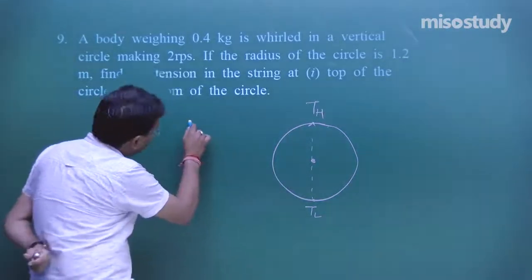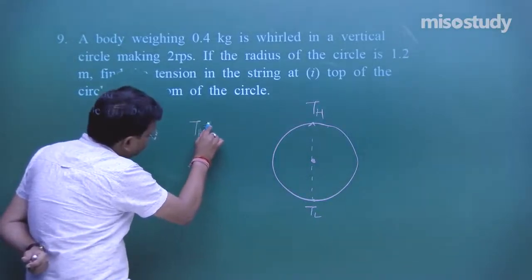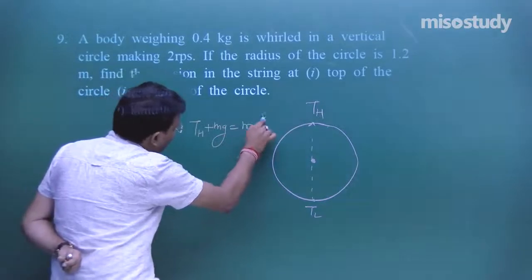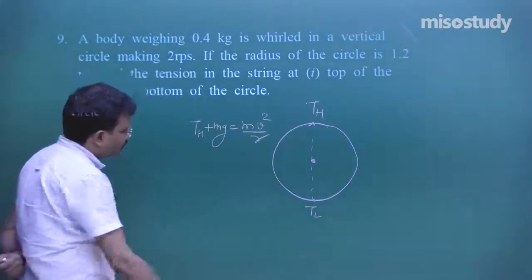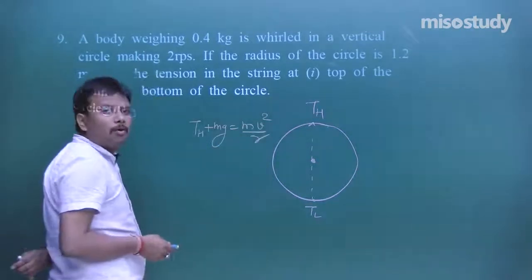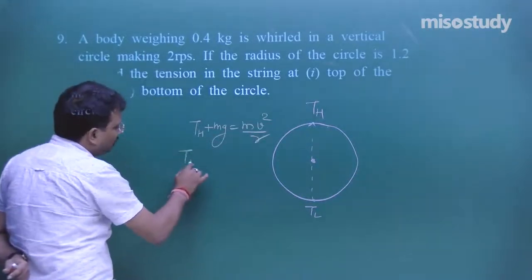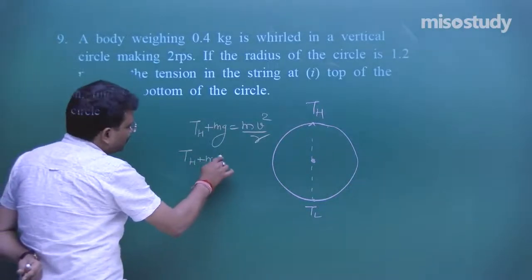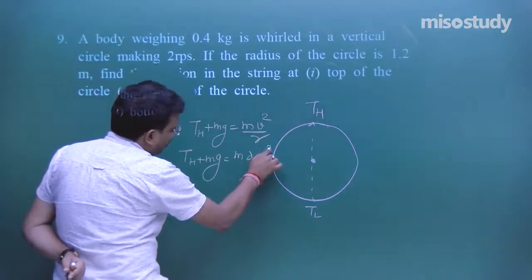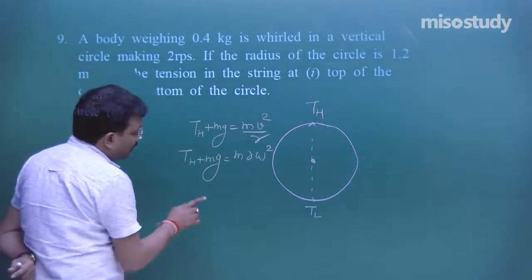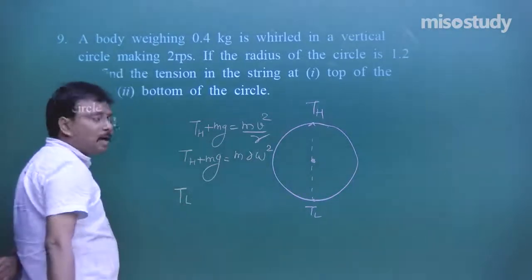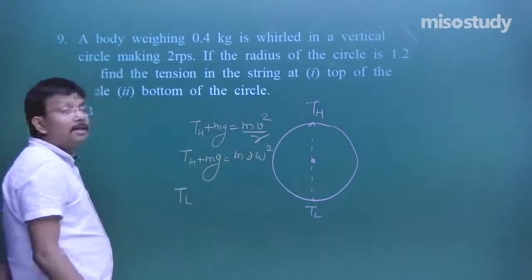The equations are T plus mg is equal to mv square upon r. Equation number 1. And then obviously you can change this, v is equal to r omega, replace that value, so you can write down TH plus mg is equal to m r omega square. Fine, this way you can write down. Similarly you can write down the equation for TL also. Solve it, you will get the value of TH and TL.